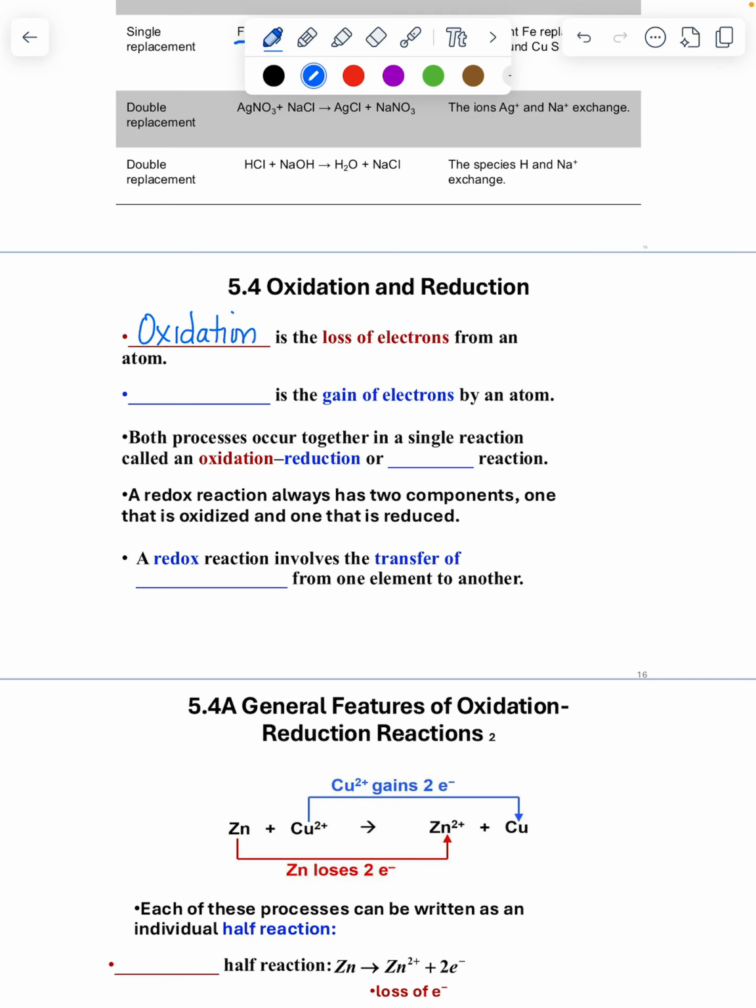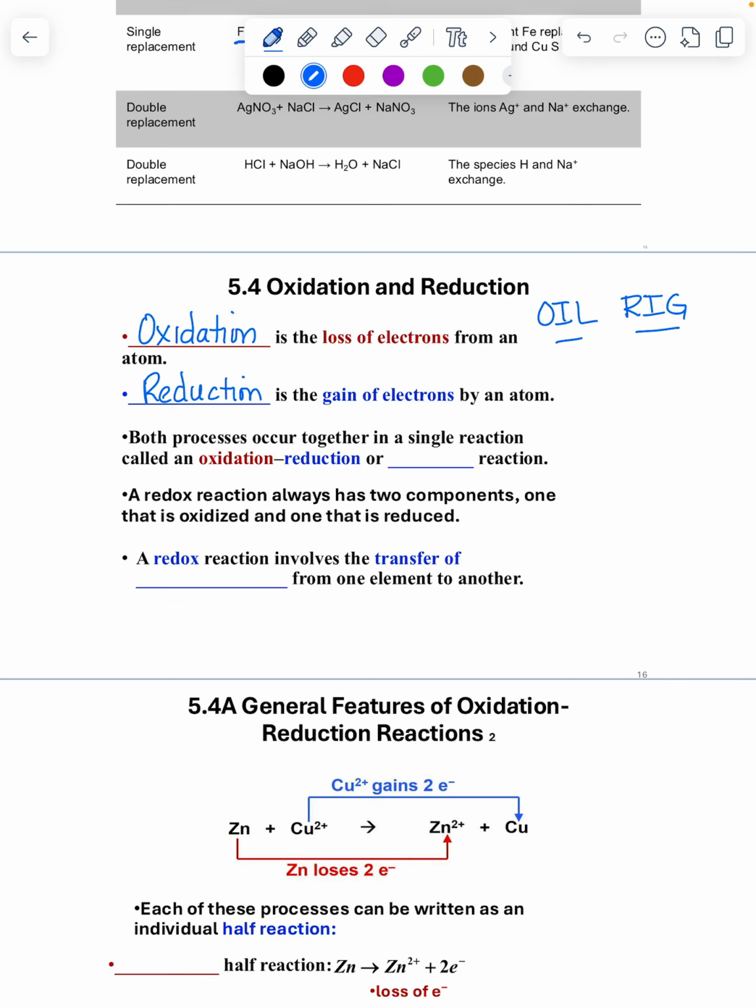An acronym that I use in my class is OIL: oxidation is losing electrons, and then reduction is gaining electrons, and so that would be RIG. OIL RIG helps me remember which one's losing and which one's gaining. So oxidation is losing electrons and reduction is gaining electrons.